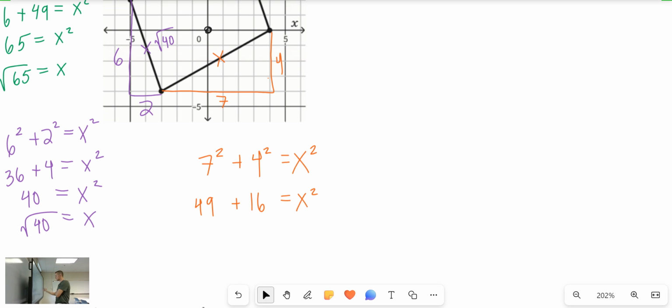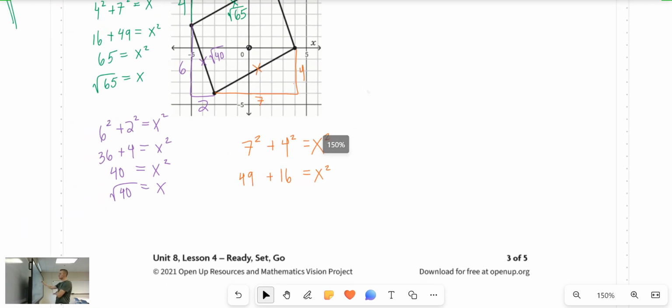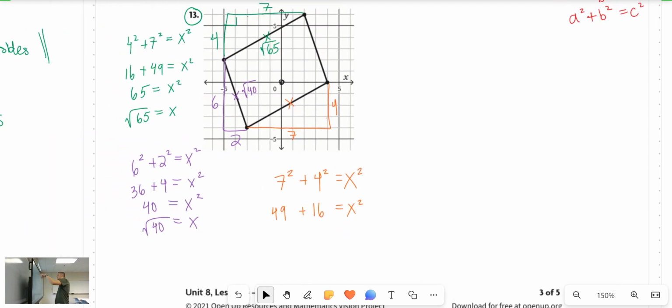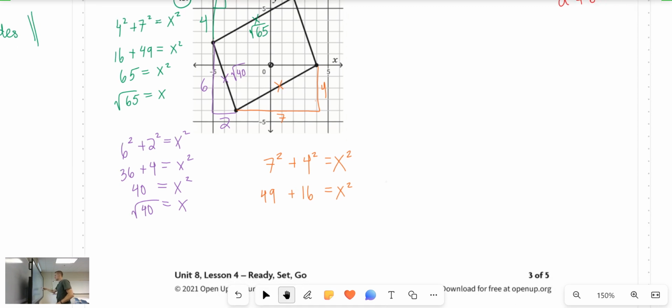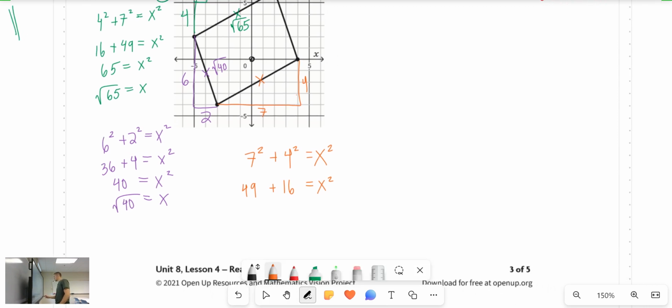Equals x squared. Haven't we already done these numbers, 7 and 4? We did, right? It matches the green. So save yourself a little bit of work. I mean, we'll still copy it down, but if you notice that those are the same, you could just jump ahead.